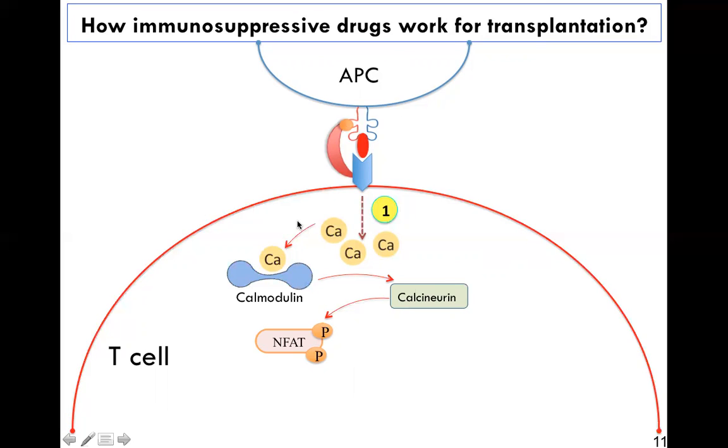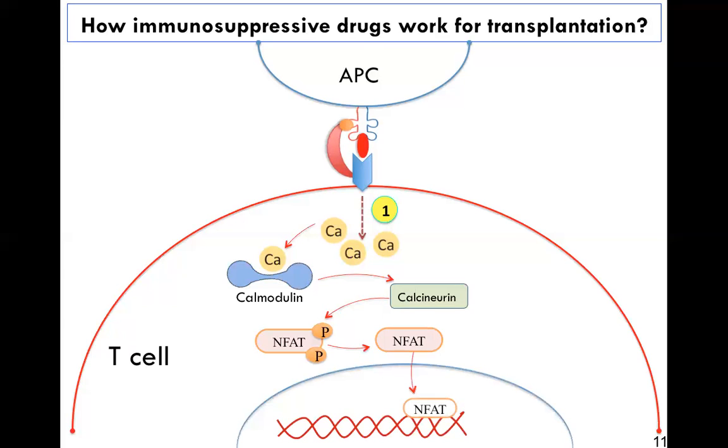Then these calcium ions bind with calmodulin, resulting in the release of calcineurin, and calcineurin is a phosphatase, which removes the phosphate group, as the name indicates. This NFAT was already phosphorylated, so calcineurin binds to the NFAT and dephosphorylates it. So now you can see that NFAT becomes dephosphorylated here.